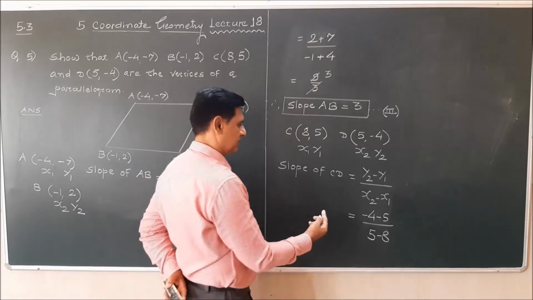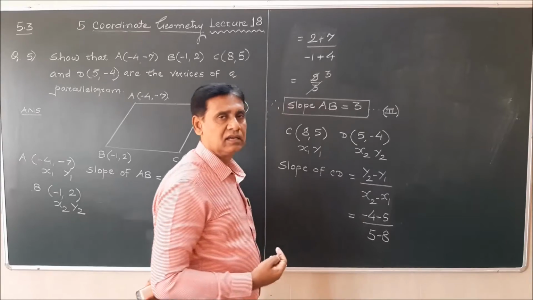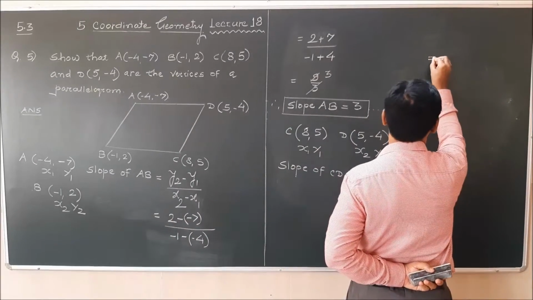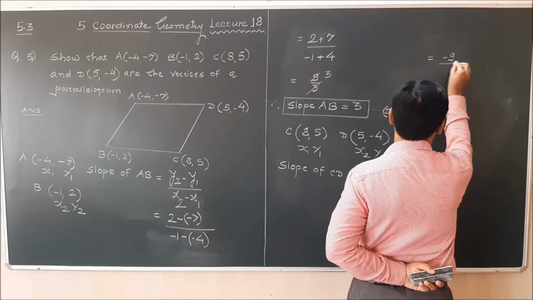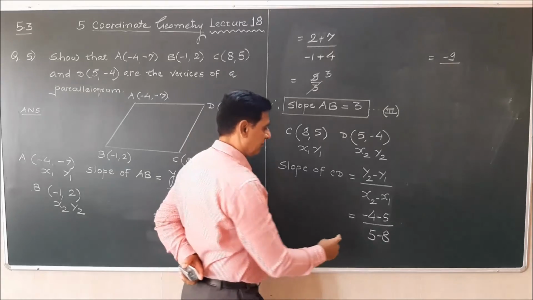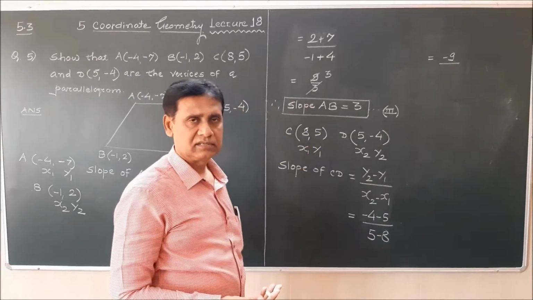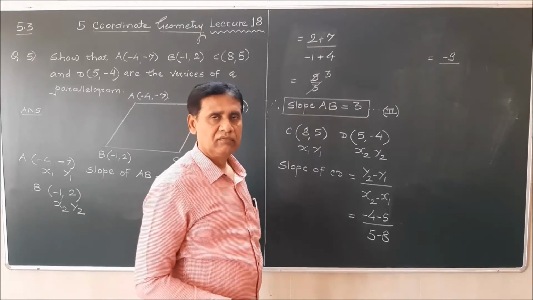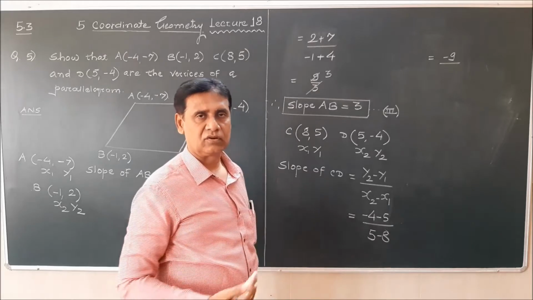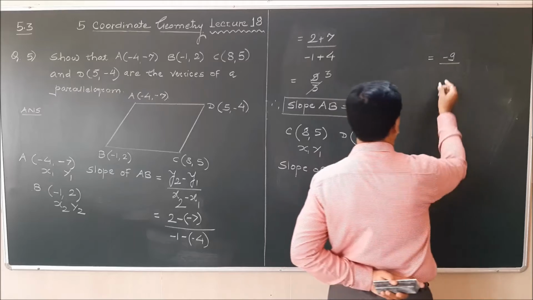Now if I add minus 4 minus 5, I'll get the answer as minus 9. So minus 9 upon, next to that is 5 minus 8. Naturally 8 is greater, so the sign of it is minus. We always subtract the smaller number from the greater one and place the sign of the greater number. So you get minus 8 plus 5 will be minus 3.